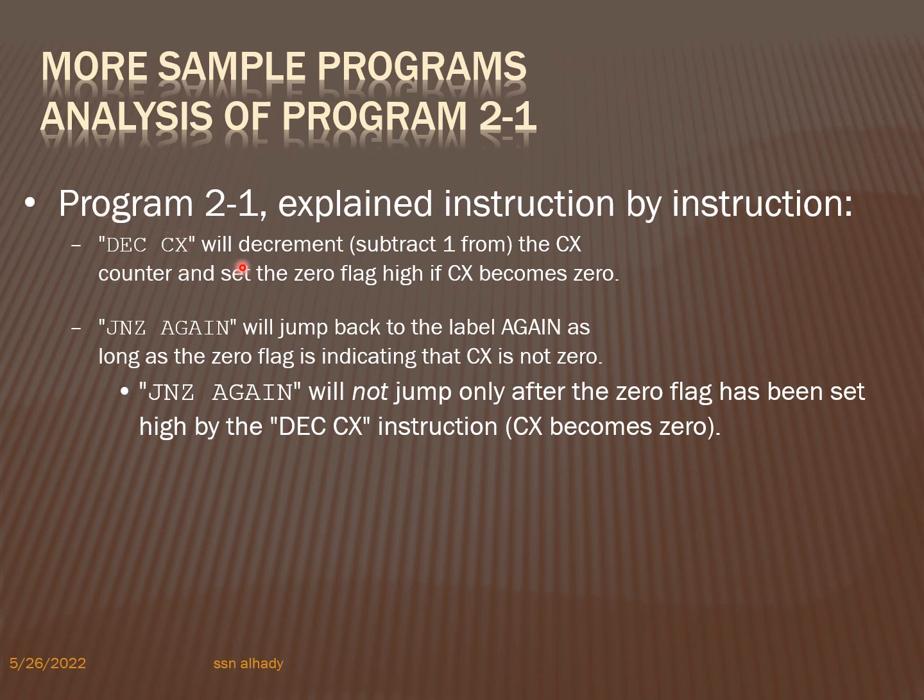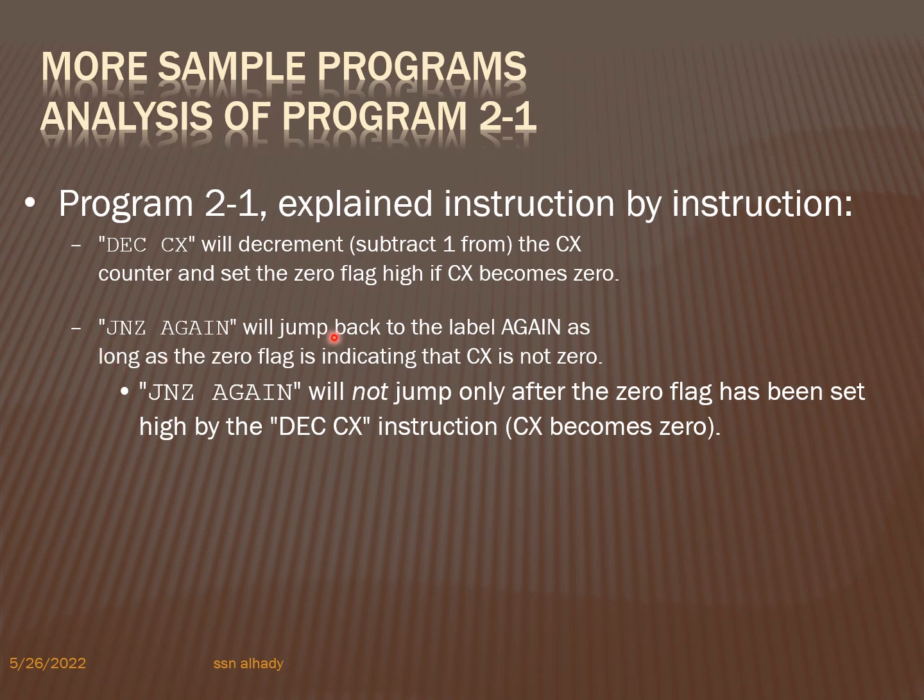DEC CX: decrement, subtract 1 from the CX counter, and then set the zero flag high if CX is 0. After you decrement, then you check whether it is 0 or not.